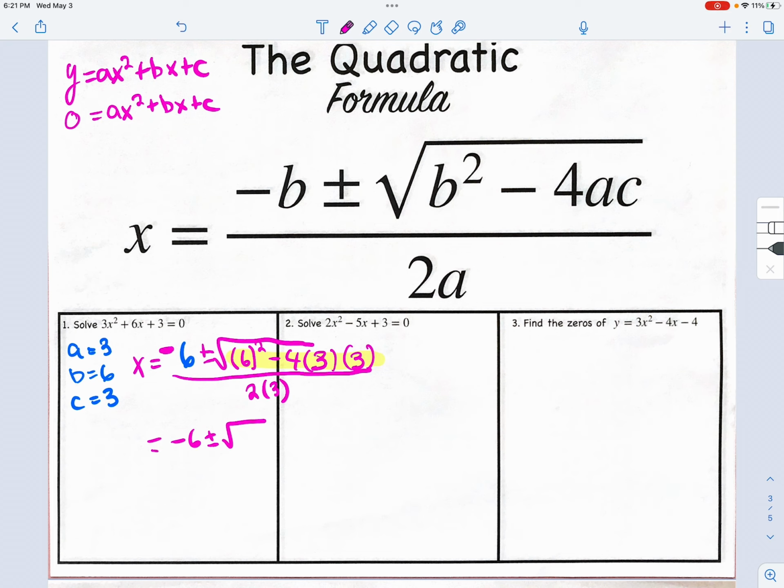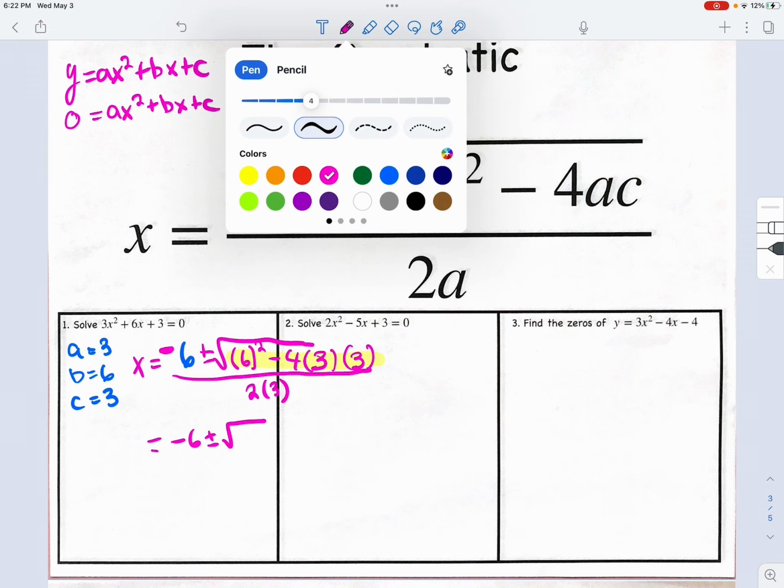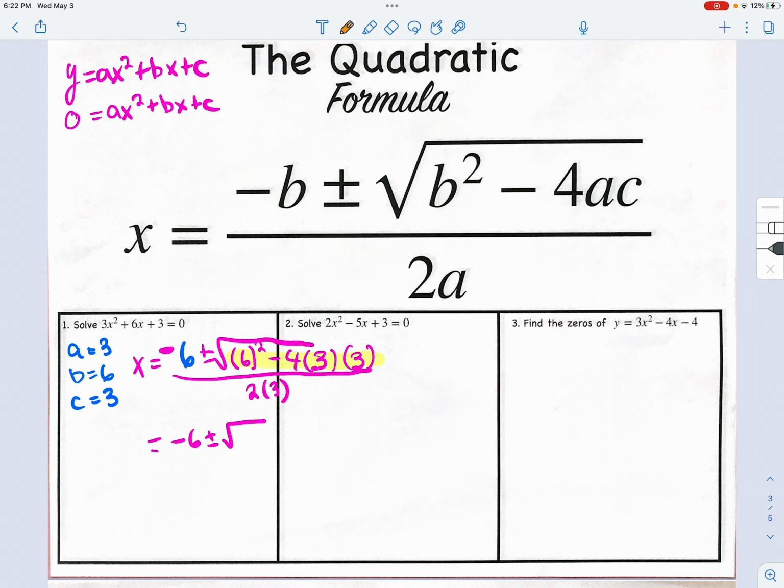Now I want you to take a moment, because you can do this. So pick up your calculator and plug in exactly what you see. Parentheses 6 squared minus 4 times 3, and then tell me what you get. What you should get is 0.